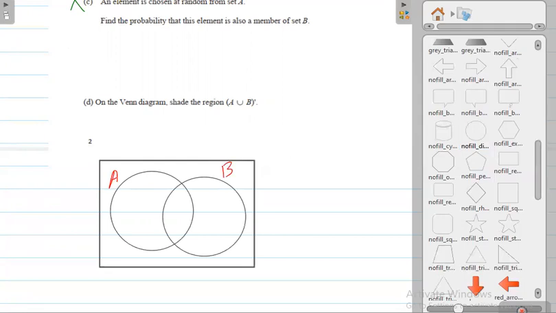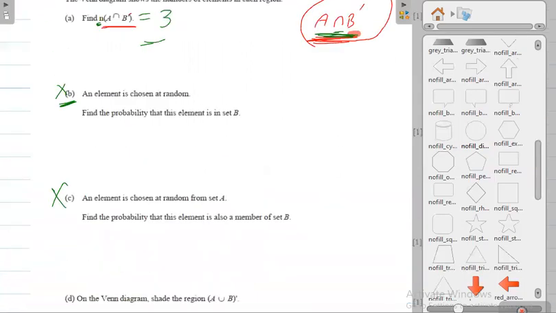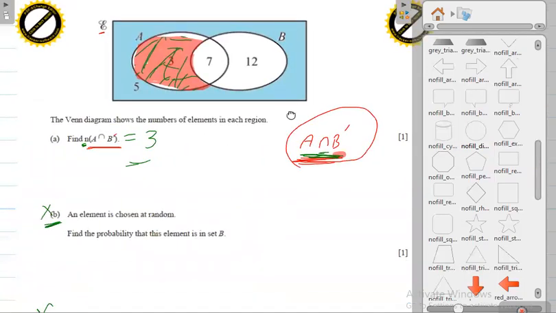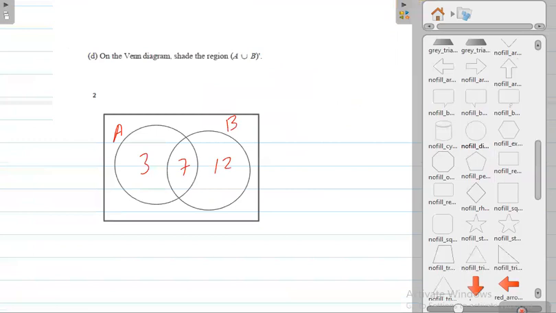Three elements were here, seven were here, 12 were here, and how many were taken here? Let me check that also. Five. Okay, so five elements were written here. And this was your universal set.